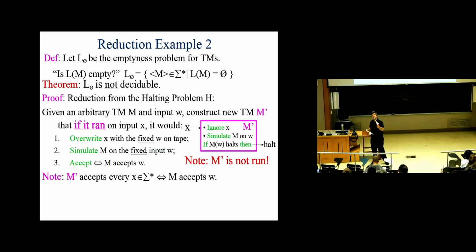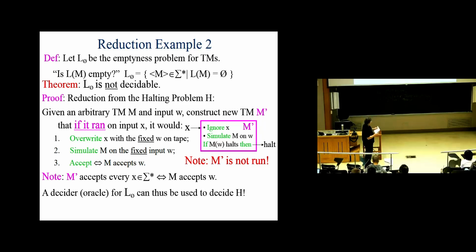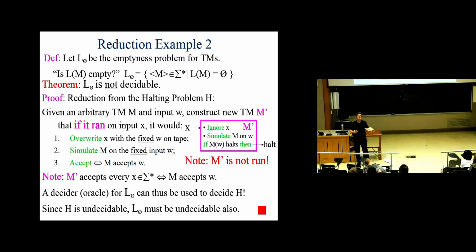Because you can take an arbitrary instance of the halting problem, M and W, and compile it into an M prime that simulates M and W internally, and the language of M prime is empty if and only if M would not accept W. So if you have a subroutine for the emptiness problem, you automatically convert that into an algorithm for the general halting problem, which we know has no algorithm.